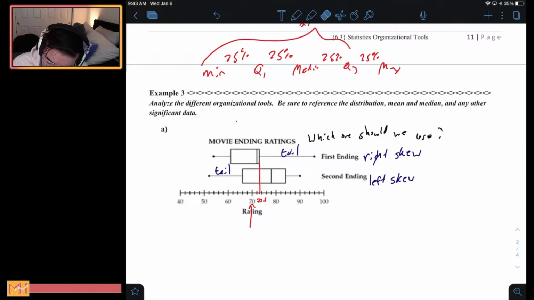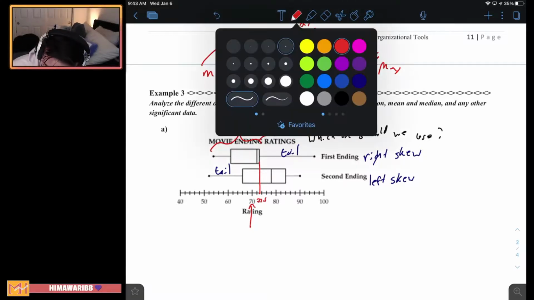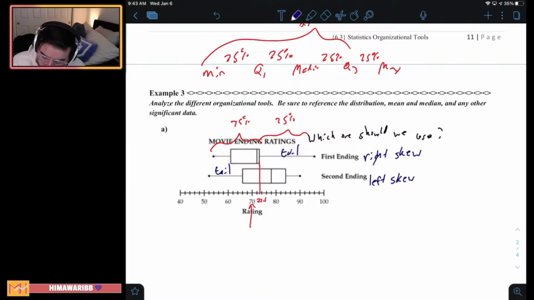So like 75% of people gave it a low C or worse, right? And only 25% gave it a C or better. Now, looking at the other one, this is a mid-range to high D. But even if you don't look at that, right, half the people gave it a high C or better.